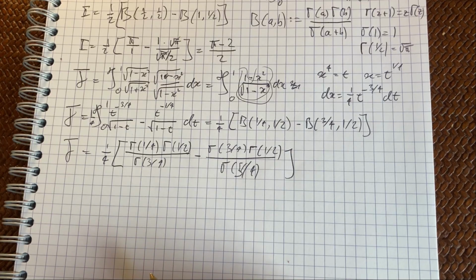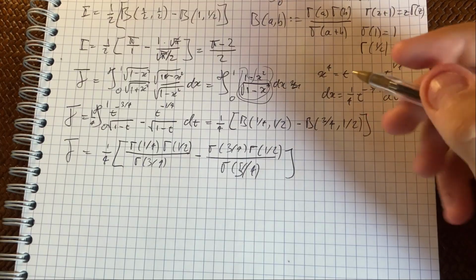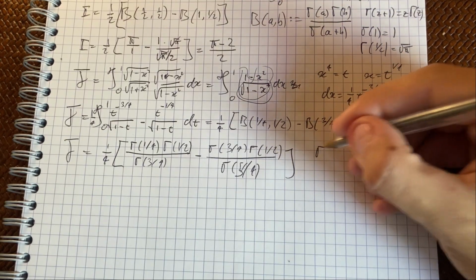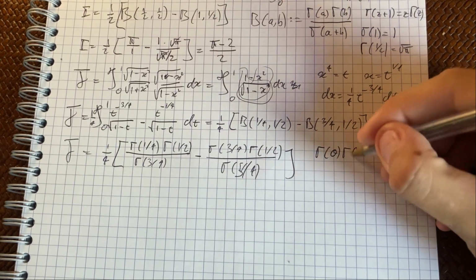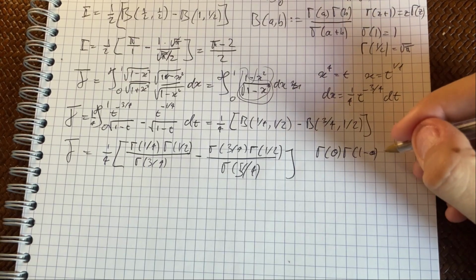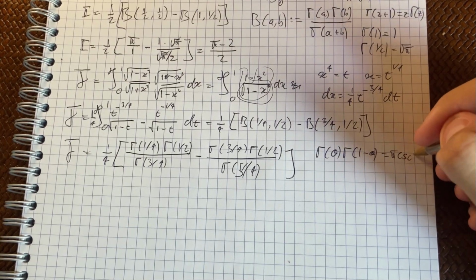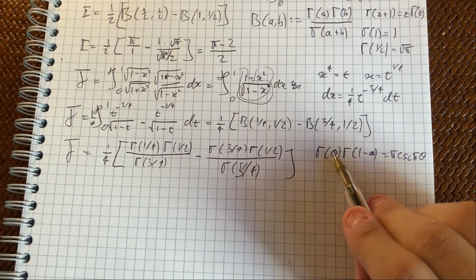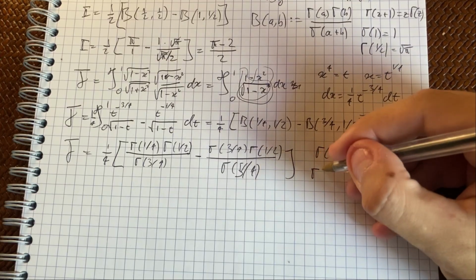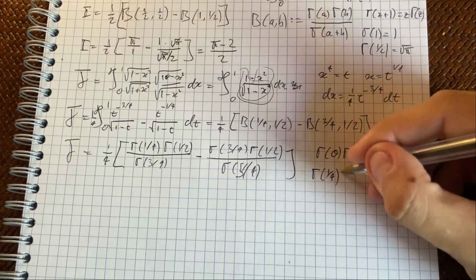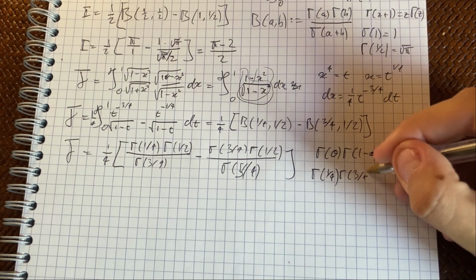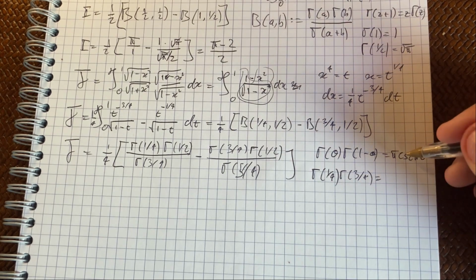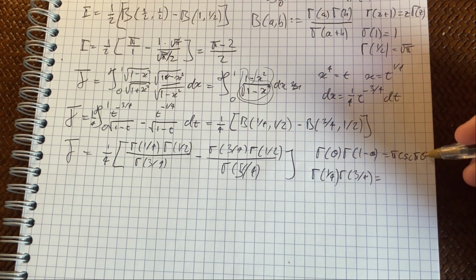How do we do this? We use the reflection formula for the gamma function, which is the well-known gamma theta times gamma 1 minus theta equals pi cosecant pi theta, which proves that here you can let theta be equal to 1/4, gamma 1/4 gamma 3/4 equals pi cosecant of pi by 4, which is square root 2.